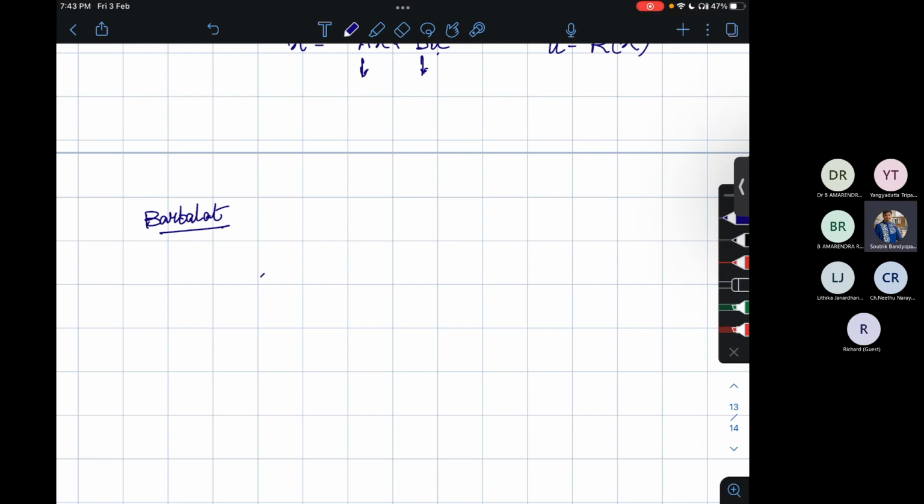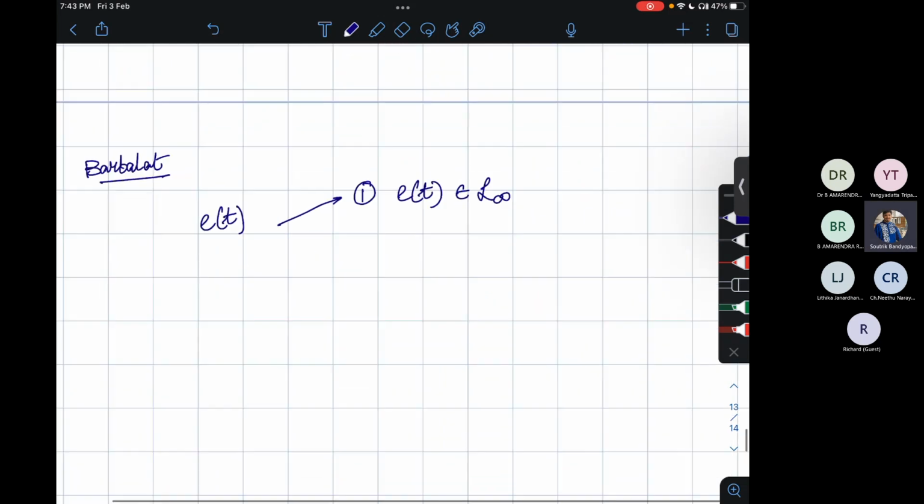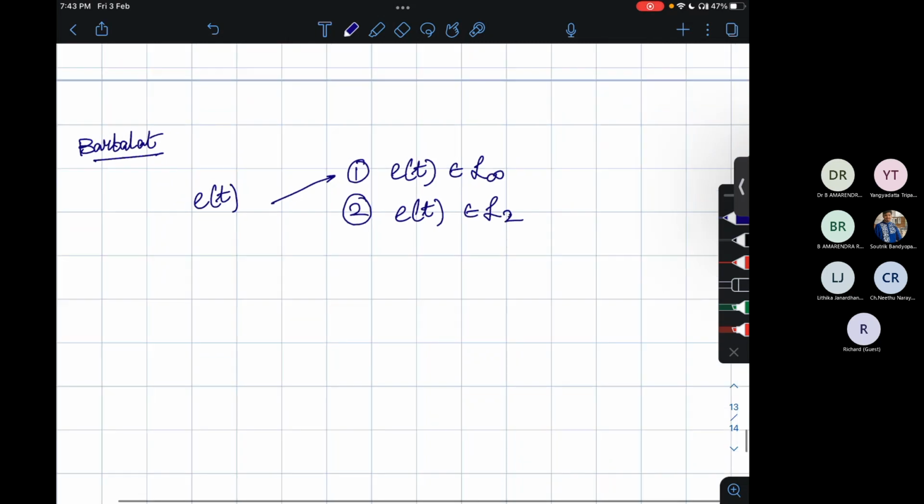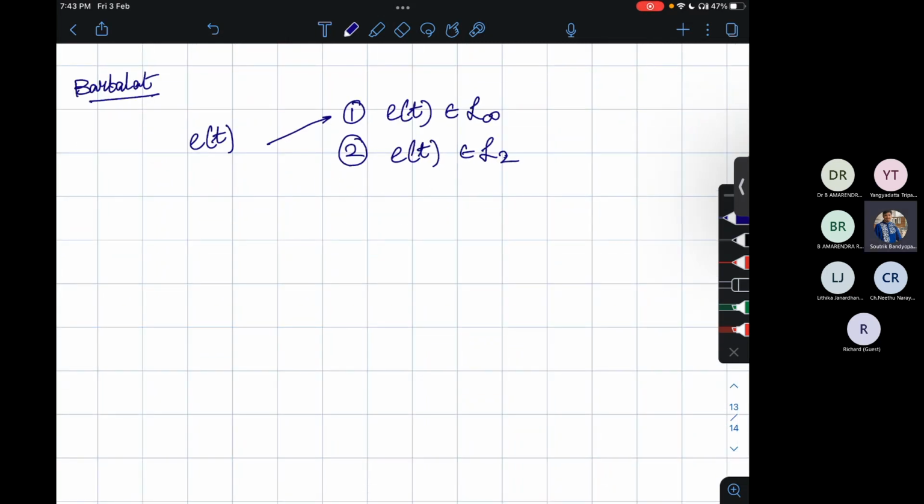So, suppose there is a signal e(t) such that three conditions hold. The first is that e(t) is bounded. Second, e(t) is square integrable. And third, e(t) is uniformly continuous.